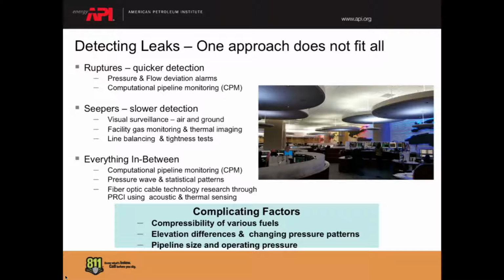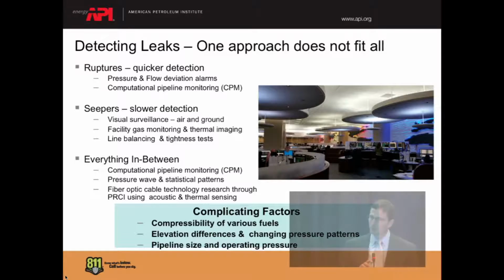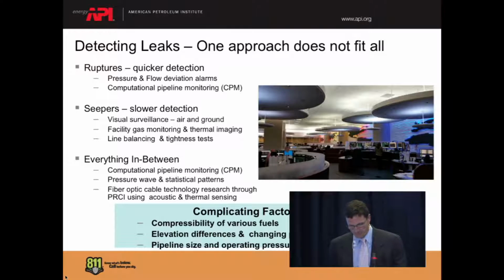Also, there's a software system called computational pipeline monitoring, a continuous monitoring system with both software and hardware, which allows operators to detect leaks, and I'll get into a little bit more of that later.